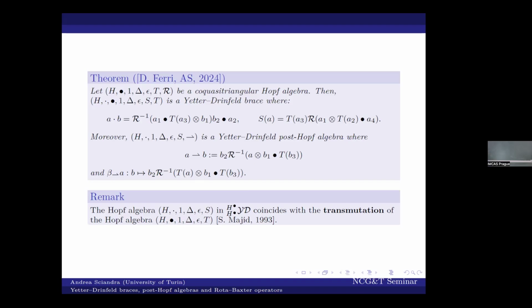And one can see that the H dot structure that you obtain, which is a Hopf algebra in the category of Yetter-Drinfeld modules over the H bullet, coincides exactly with the transmutation, in the sense of Majid, of the H bullet. So this new structure that you obtain, which is a Hopf algebra in Yetter-Drinfeld modules, is the transmutation of your starting Hopf algebra.